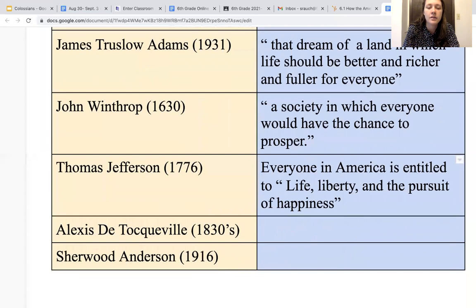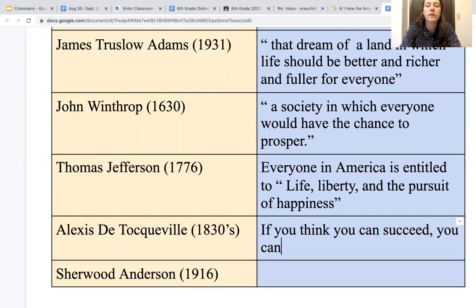And we're going to add it to our chart on this side, right? Alexis de Tocqueville. Pause the video so you can get that all down. And on this side, we're going to say, kind of like I said, that if you think you can succeed, you can.